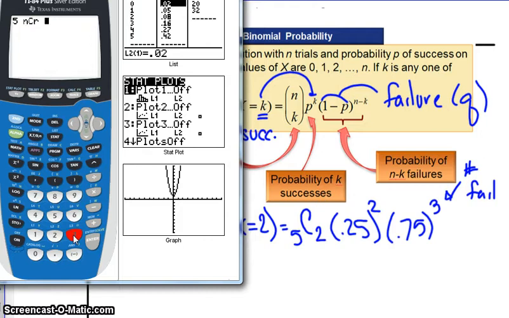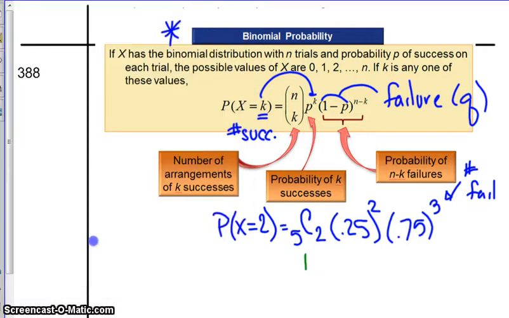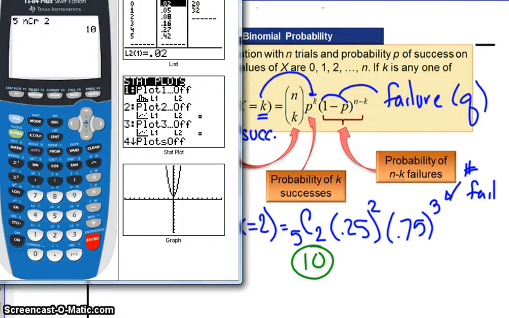And then we need to choose 2 of them, and there's where they get that 10. And so then what we would do is write down that 10. Now to match up with the probability they had on the previous slide, I take that times my 0.25 squared times my 0.75 raised to the third. And we get the same value.